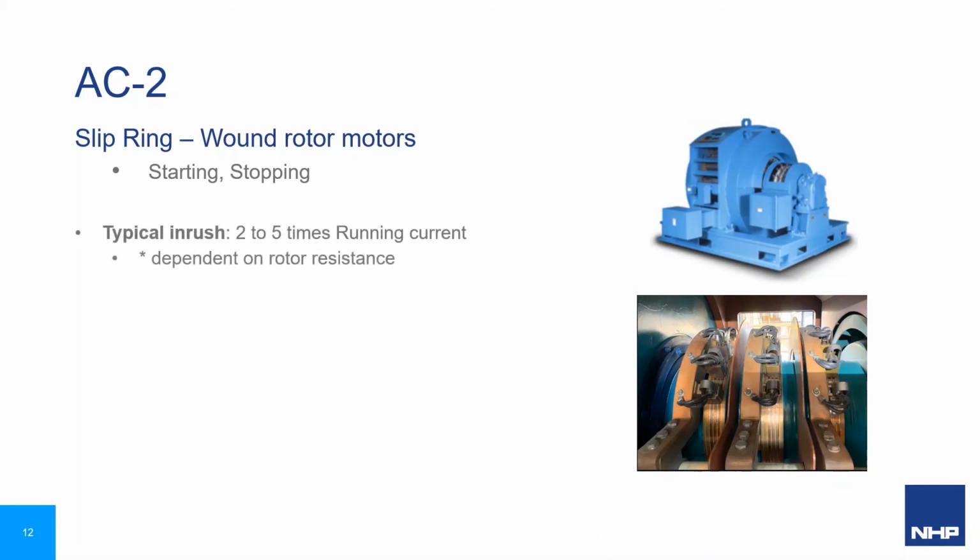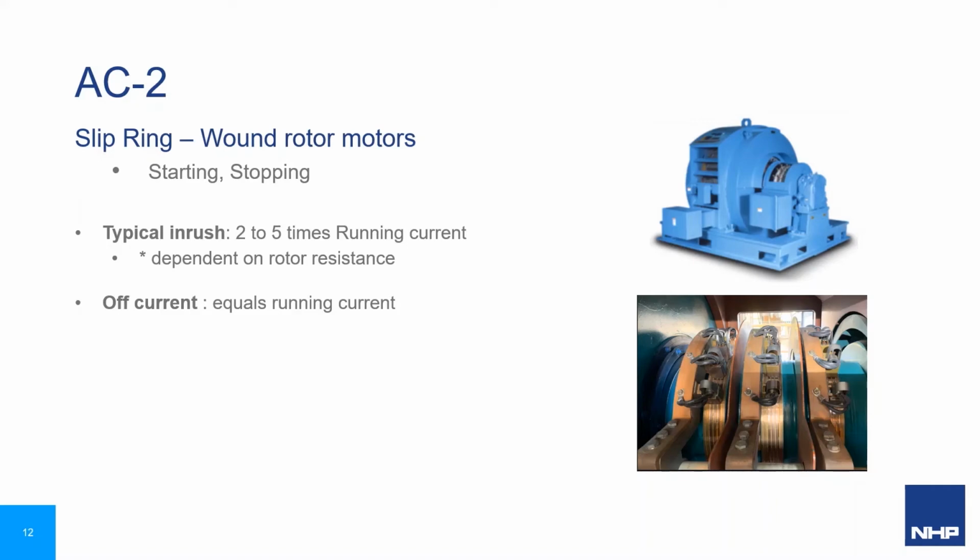This utilization category, AC2, is for slip ring wound rotor induction motors. These motors normally start with resistances in the rotor circuit, which reduces the inrush to the stator and the making currents required by the contactor. The typical value is 2.5 times. The wound rotor motor was principally used for speed control or high starting torque requirements.